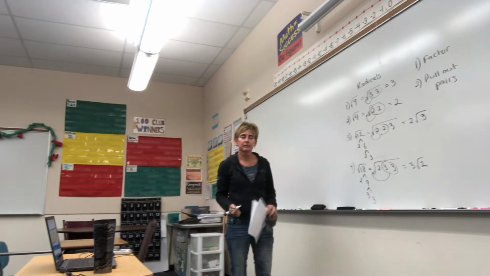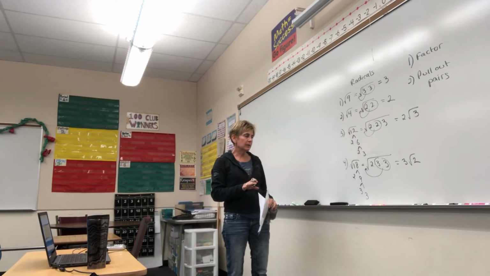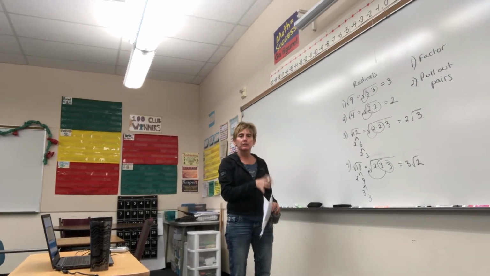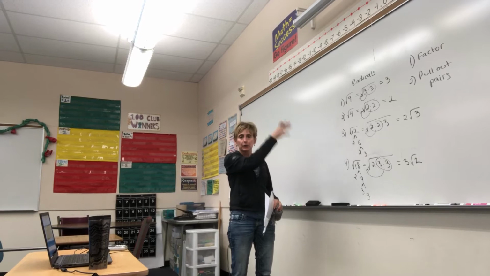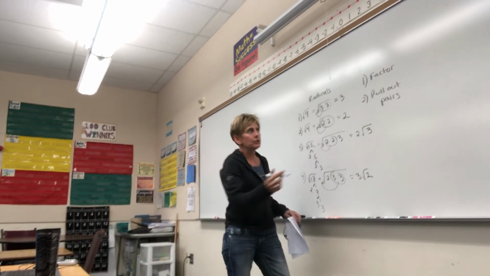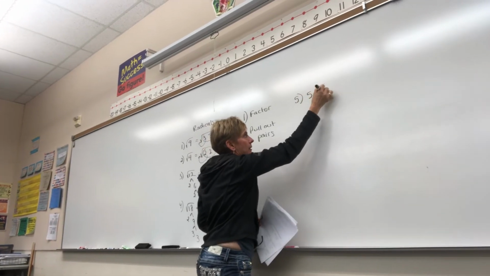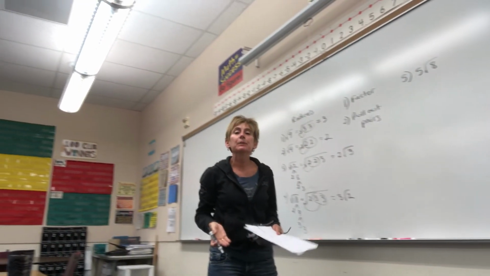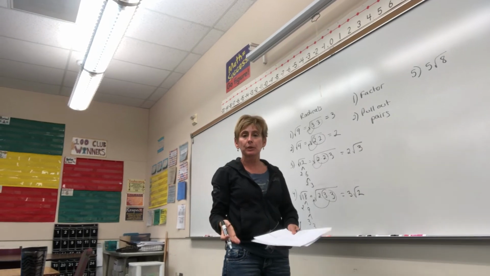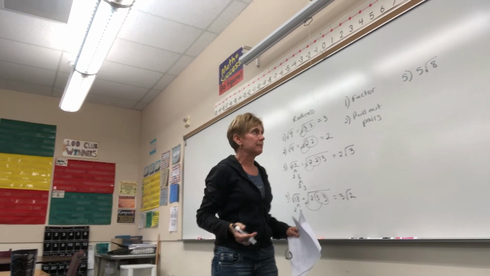That's my final answer. The vast majority of the problems on the worksheet are going to have this kind of a component to it. But sometimes, for example number 5, you might have something that already has a number outside the radical, even in the beginning of the problem, like 5 times the square root of 8. We still follow the same 2 steps.